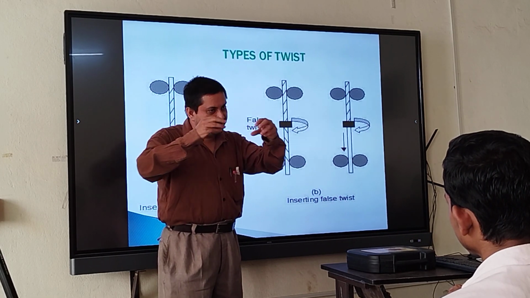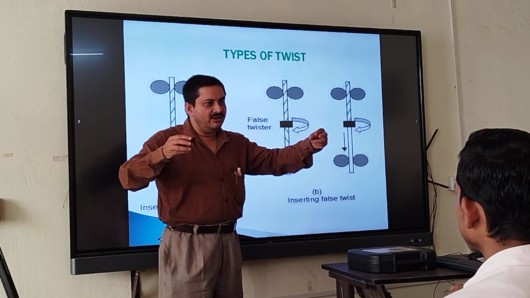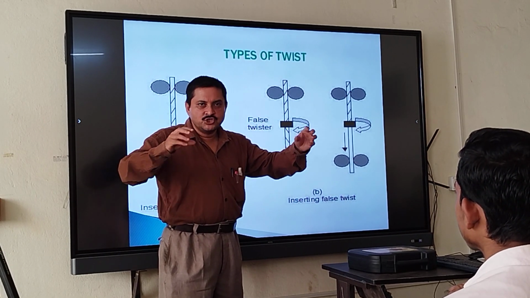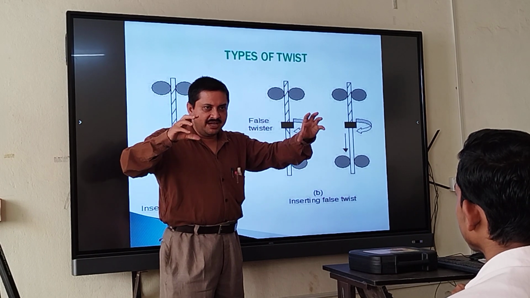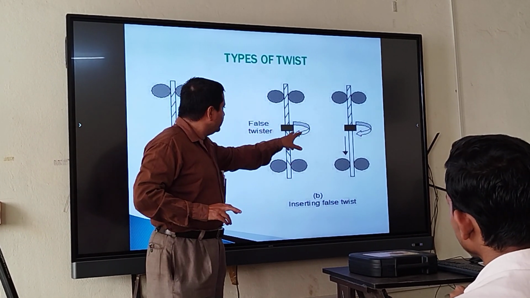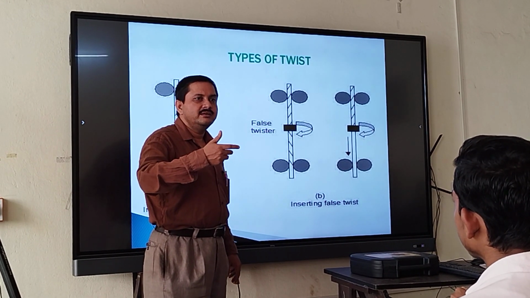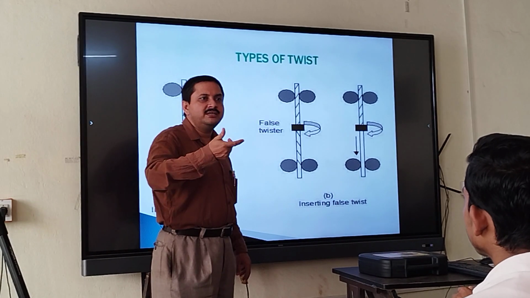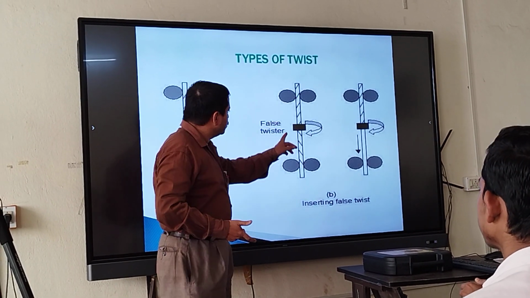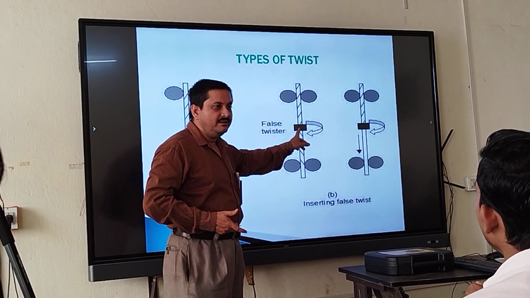Both sides we have gripped, I think you understand. At the midpoint we are applying twist. Due to the application of the torsional force, what will happen?